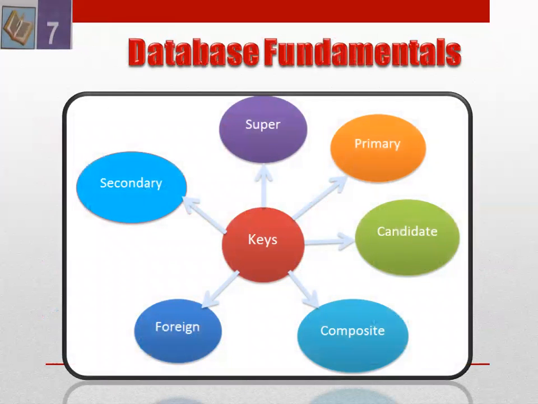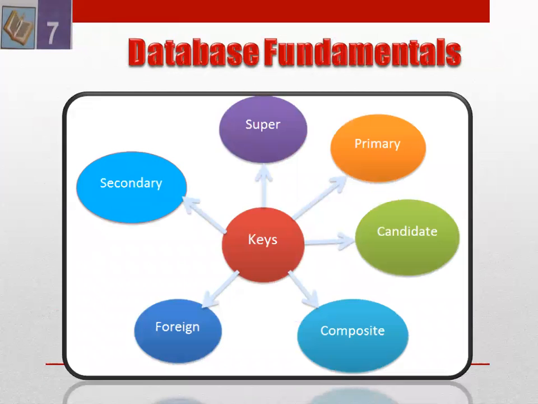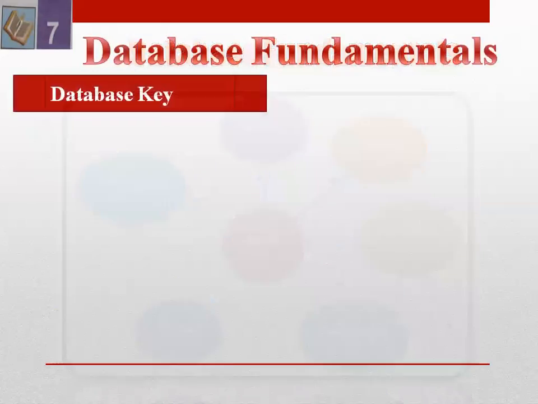In previous lectures, we have already discussed the keys: primary key, candidate key, composite key, foreign key, secondary key, and super key. The primary key is used to create the relationship between the tables. When we use a primary key as a reference key in another table, it is called a foreign key.